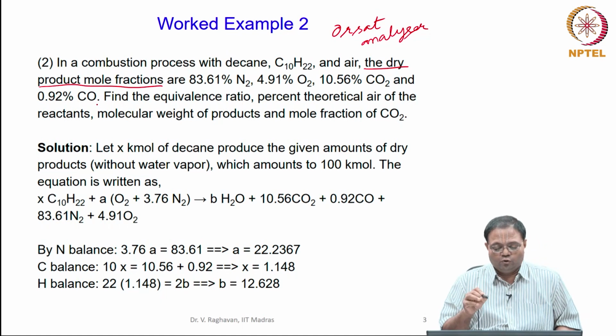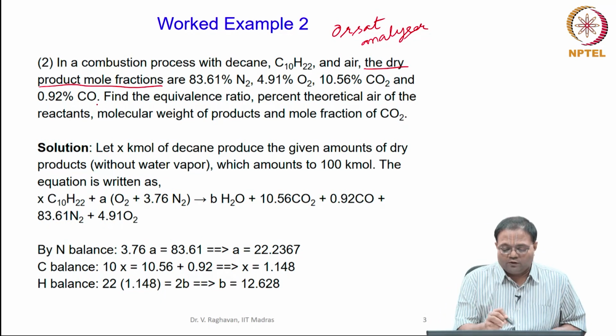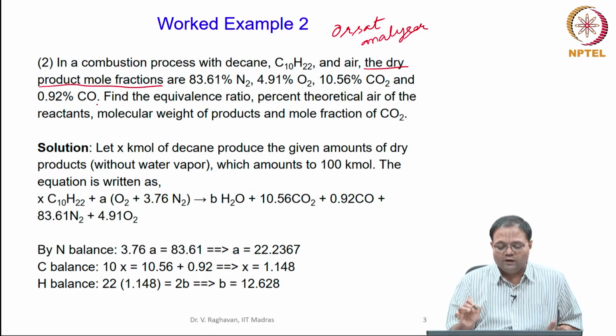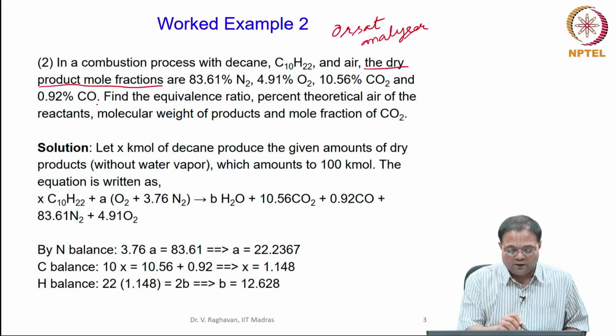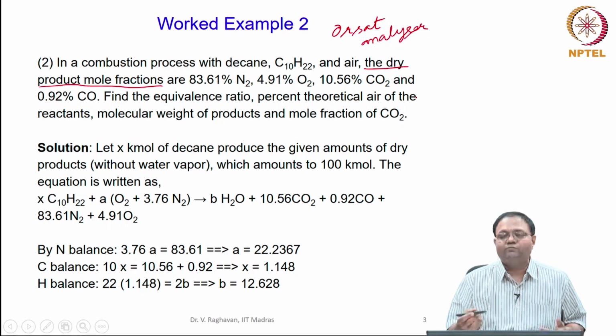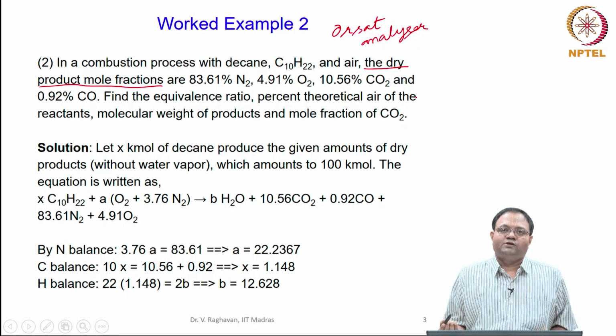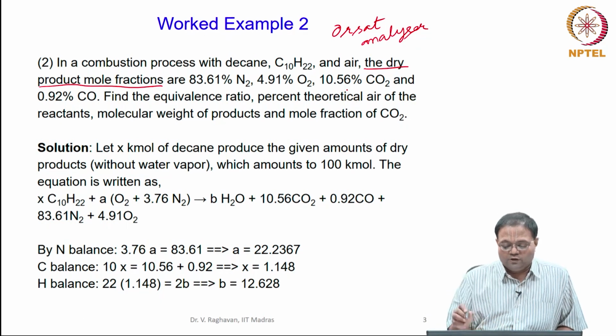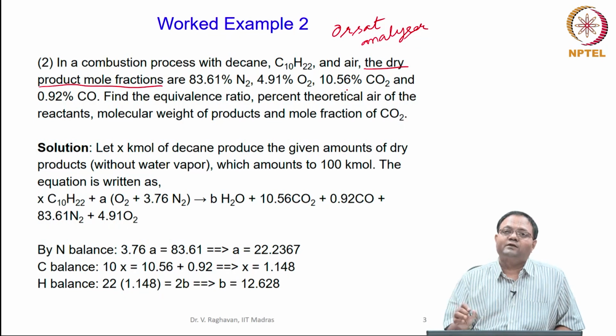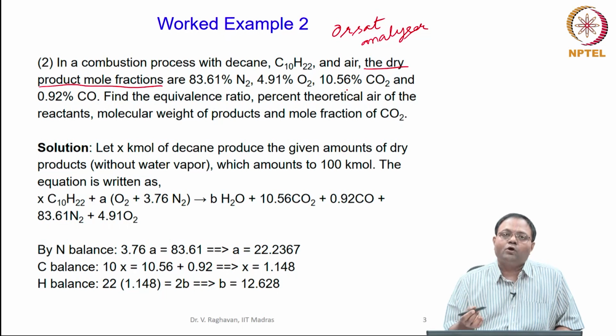Now for this scenario, it is a dry product, and we do not even know the mole percentage. We know that the product mole fractions are given because the volumetric fractions are nothing but mole fractions. So you know the mole fractions on a dry basis, with no water vapor involved, but obviously when a hydrocarbon burns, you will produce water vapor.